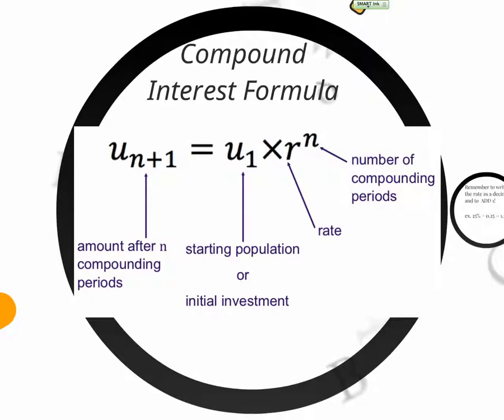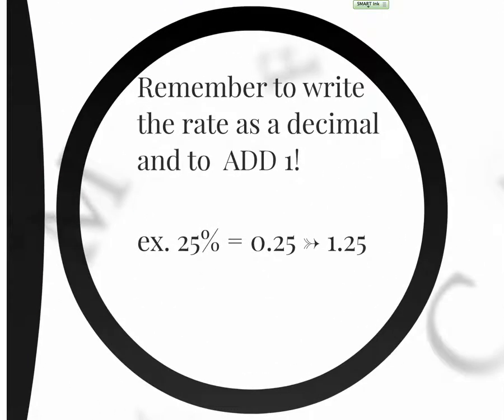Do you guys remember when we did the compound interest stuff, when we worked with exponential growth? There was something special we had to do to the rate. We couldn't just plug in the percent. Does anyone remember that? I'm about to remind you if you don't, so that's okay. Keep in mind that we write that rate as a decimal, and then we add 1 to it. Remember that adds the amount of interest or the new growth to the initial amount, whatever that happens to be.